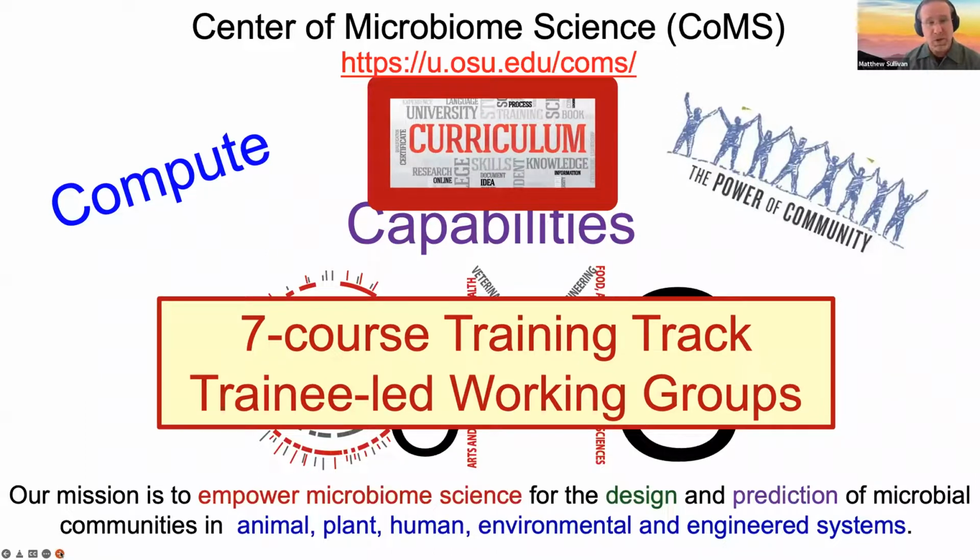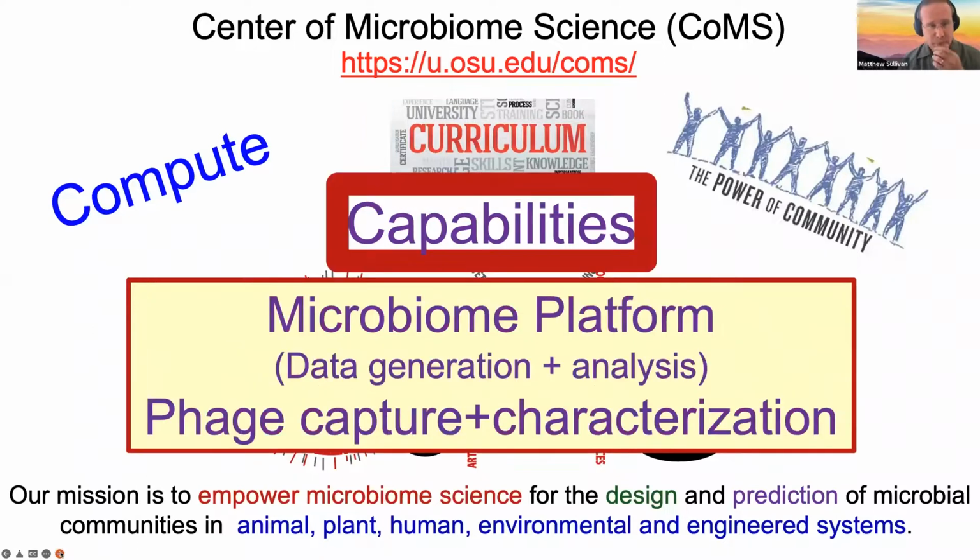It's built with a few core courses and several courses to allow people to choose their own adventure through microbiome science, depending on their starting point and their final interests or goals. And to support researchers at Ohio State that are doing microbiome science, we have training-led working groups where weekly there are trainees available to answer questions as people are troubleshooting challenging elements of microbiome science.